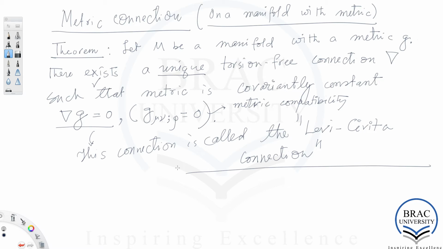This is also known as the fundamental theorem of Riemannian geometry. So this is the plan of the proof. We are going to first assume that such a connection exists on the manifold, and we are going to prove the uniqueness of such a connection, and later we'll prove that it exists.